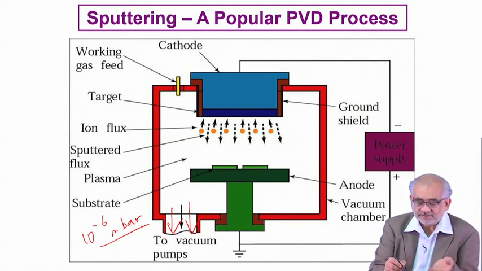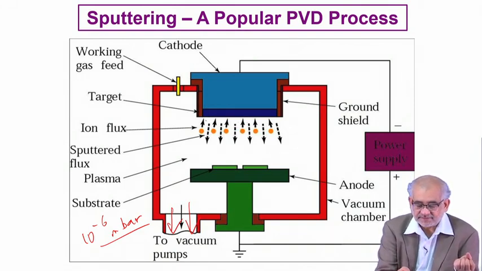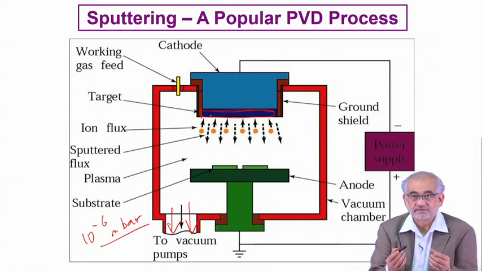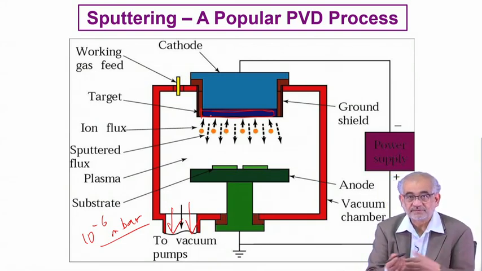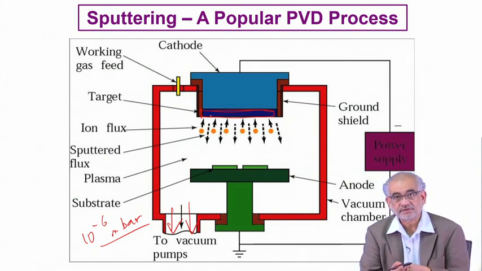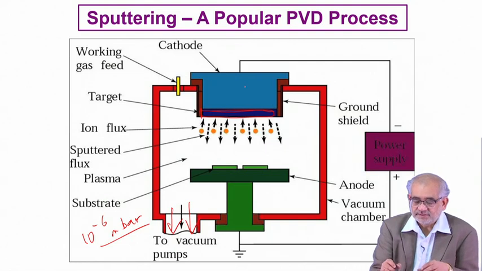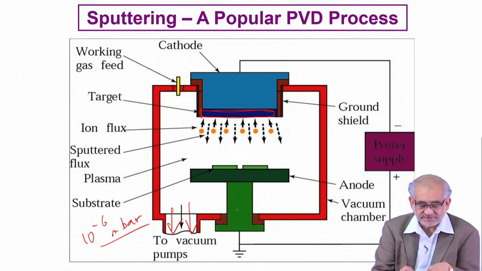Now we place the target, from which we want to take out material. Let's say aluminium, or maybe gold, or maybe carbon, or whatever is the desired material. We place it over here, and then also we have a stage on which we have our material which is to be coated. So let's say this is the component that we want to coat.